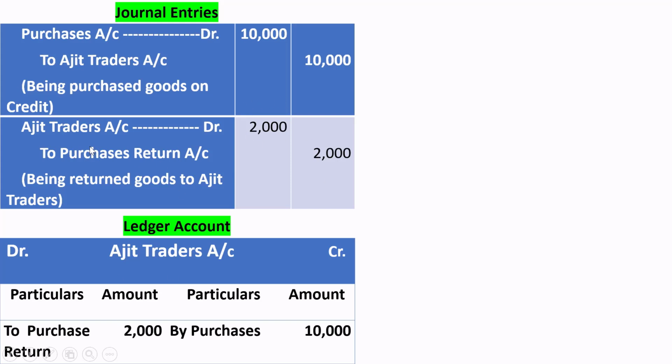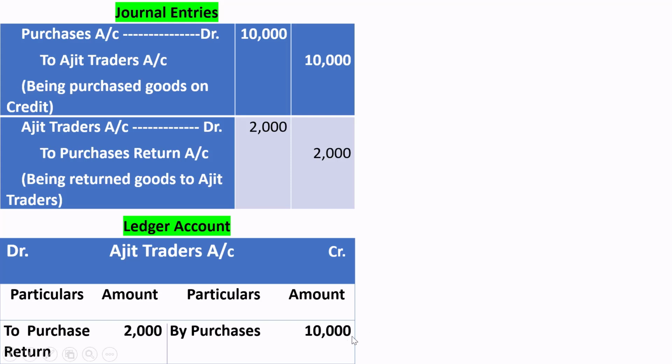So Ajit Traders account is debited, on the debit side, to purchase return 2,000 rupees, because we have to pay 2,000 rupees less. It means now we have to pay only 8,000.